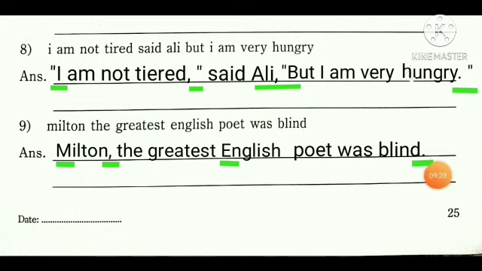All the sentences we have solved with proper punctuation marks. Like that, you solve these sentences also in the notebook and in the book, and you can make more sentences with it.